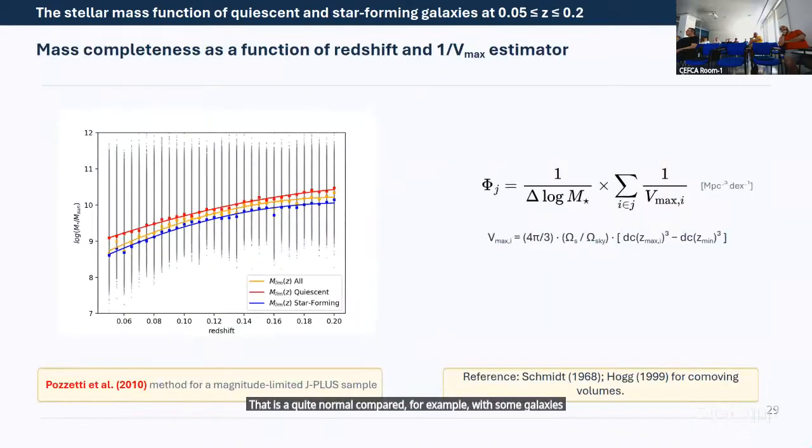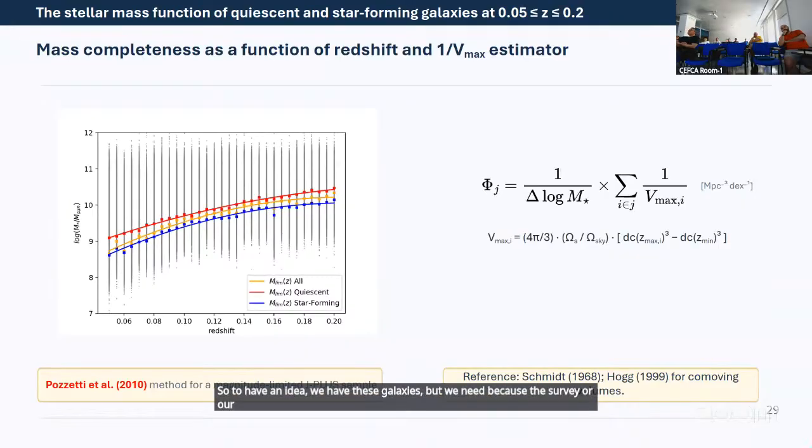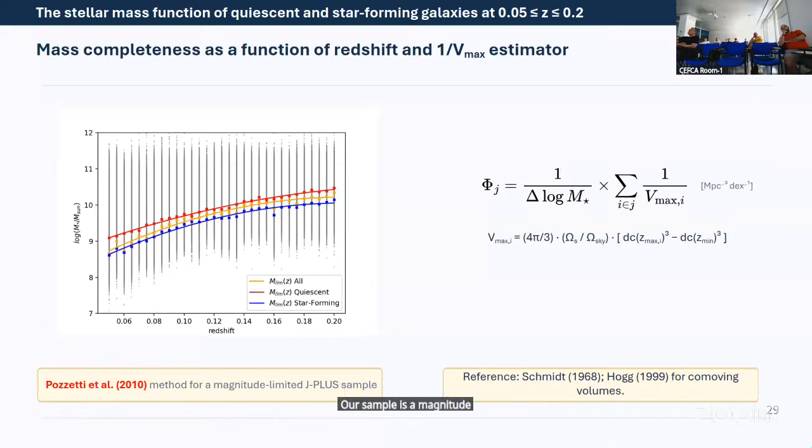To have an idea, we have these galaxies, but because our sample is magnitude limited, we have to correct for it.